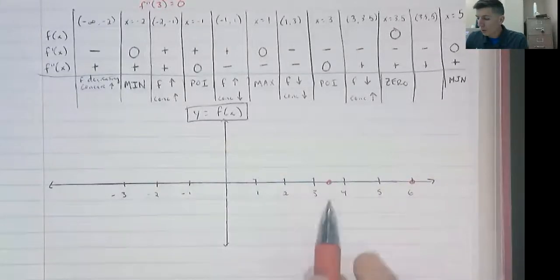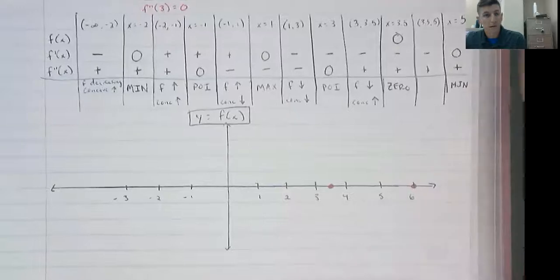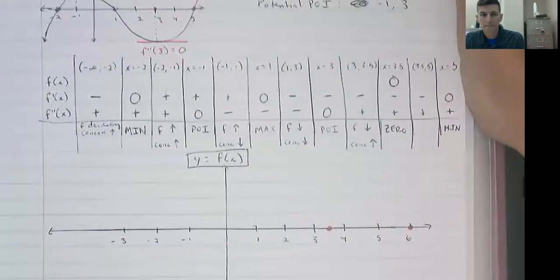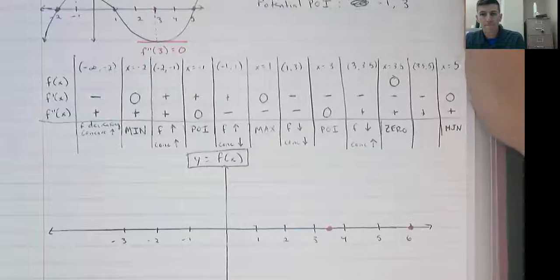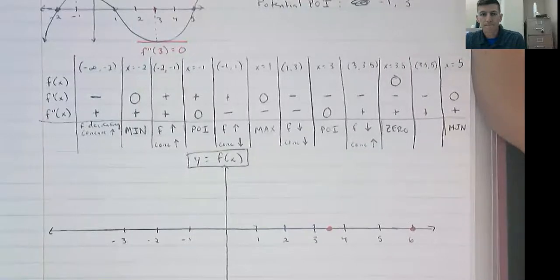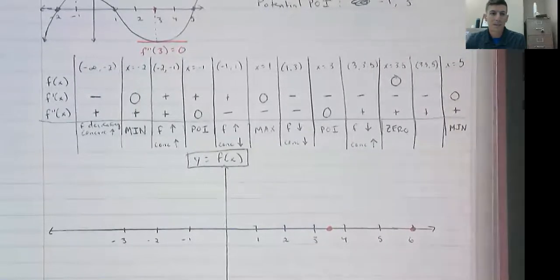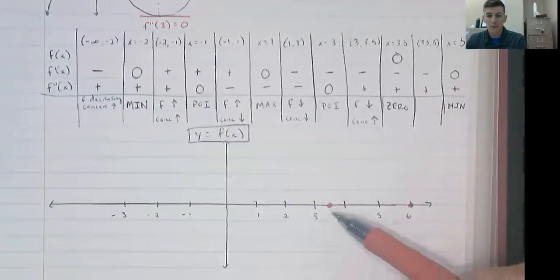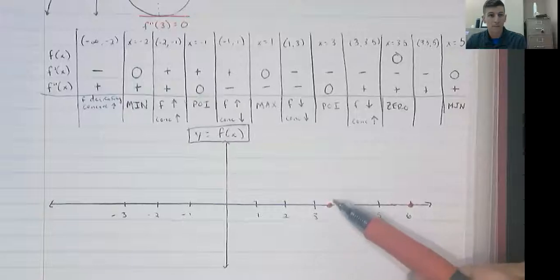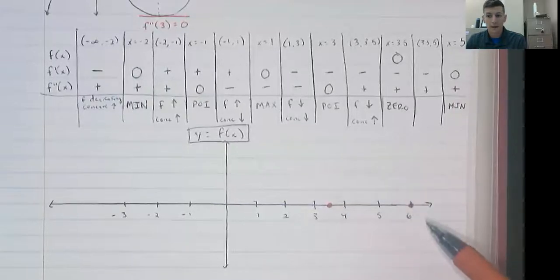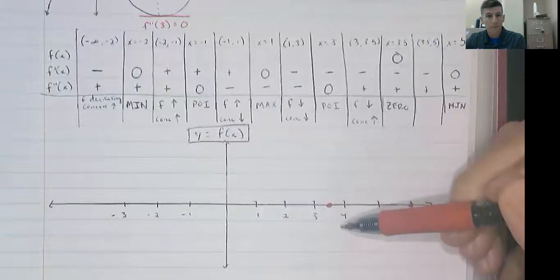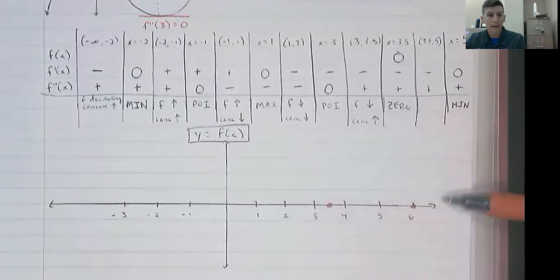Now, starting with 3.5, and I mentioned this as we were plotting it in our table, there are several ways to think about this, because you're probably thinking, okay, this is a little bit troubling. How do I know if this is going to approach 3.5 from negative values and then turn around and come back to 6? Or are we going to go from positive values and then sweep back up to 6?